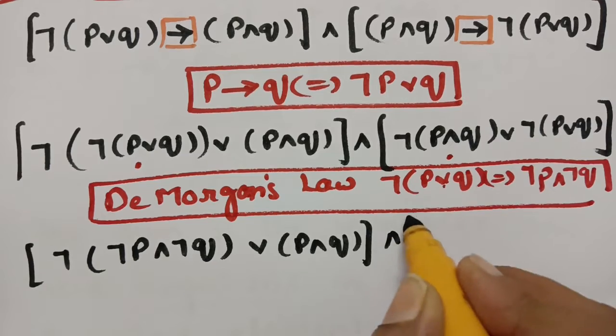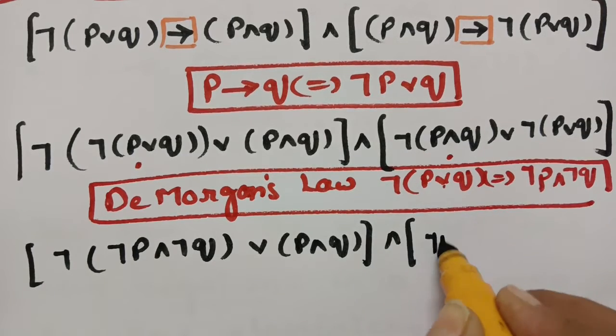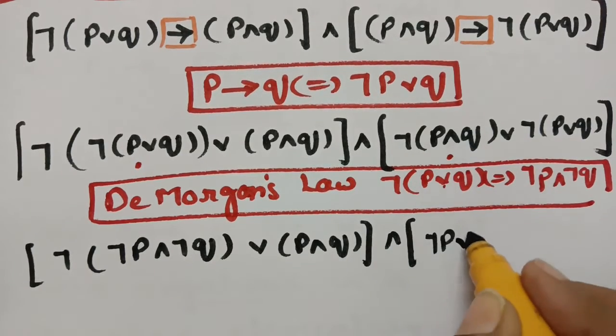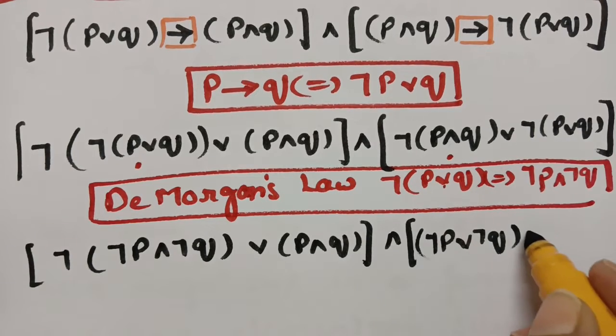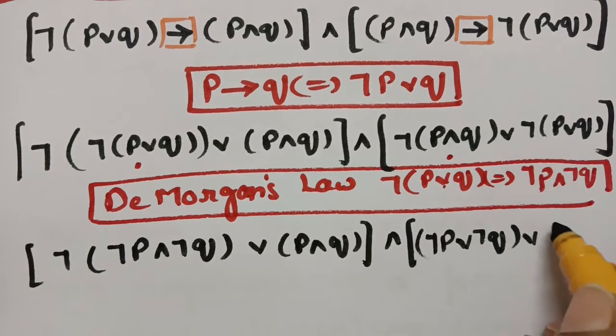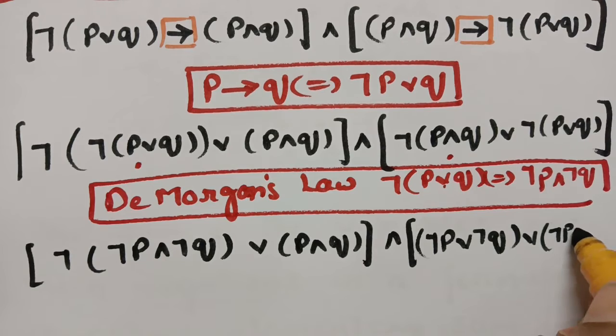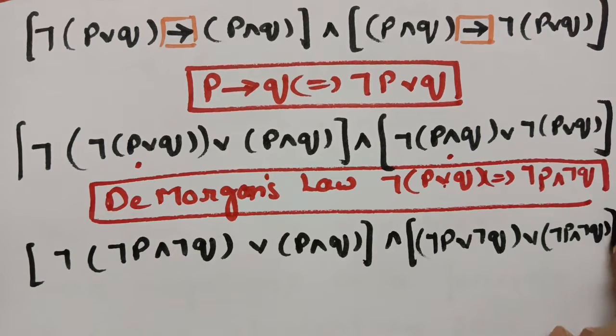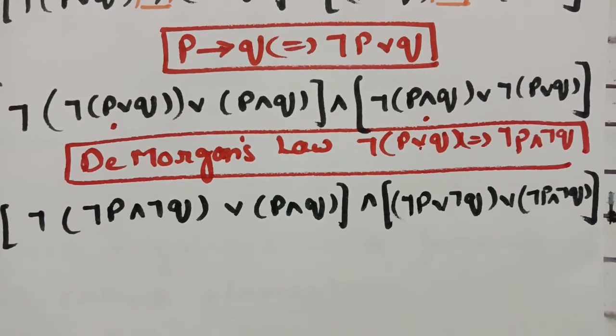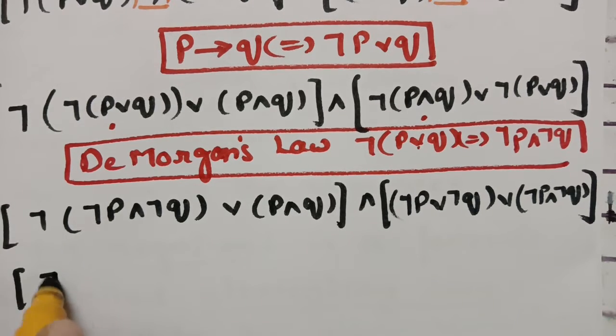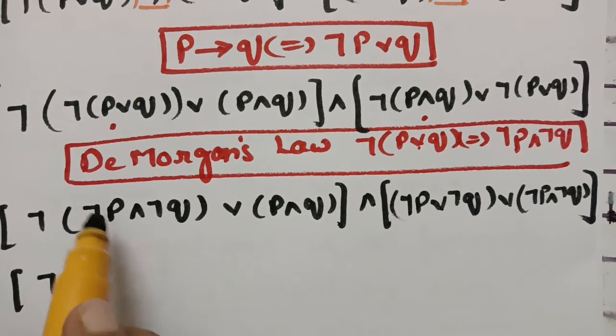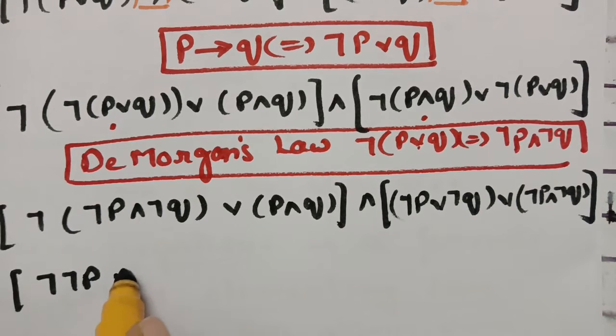And next one here, if I send this negation inside, this will be negation P, and this and will become or, negation Q. Clear? So again, if I send this negation inside, this will again be De Morgan's law, and this is going to become negation of negation P. If I send this negation inside, the and will become or.